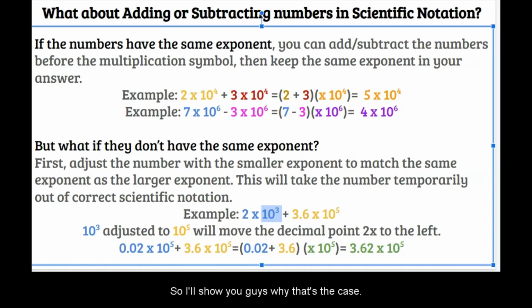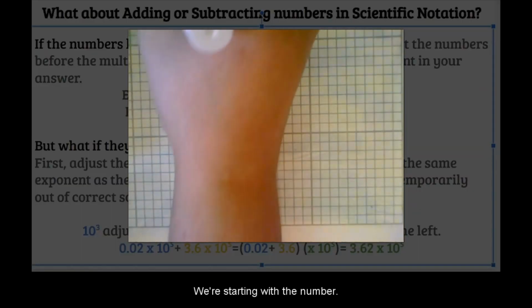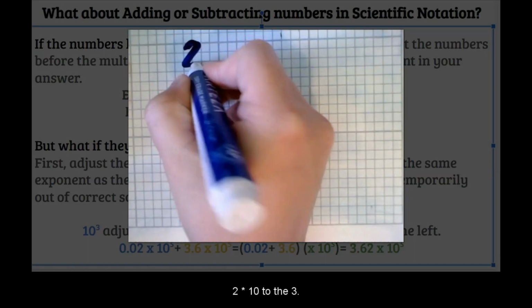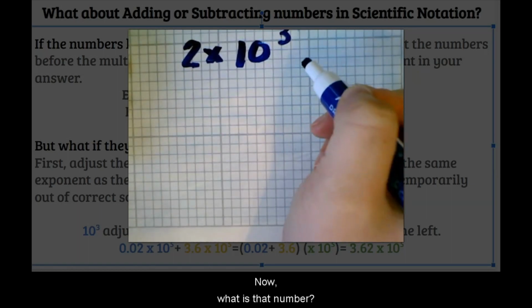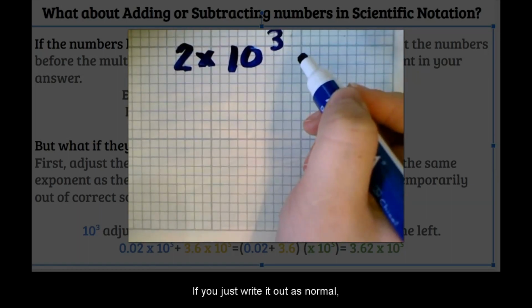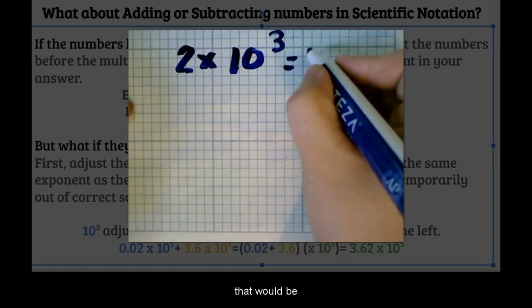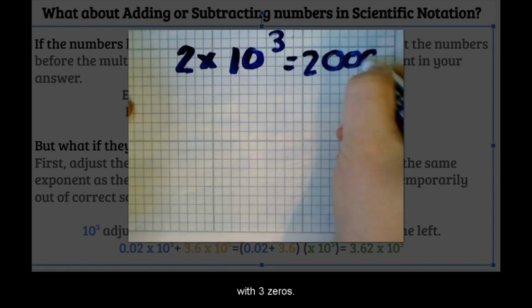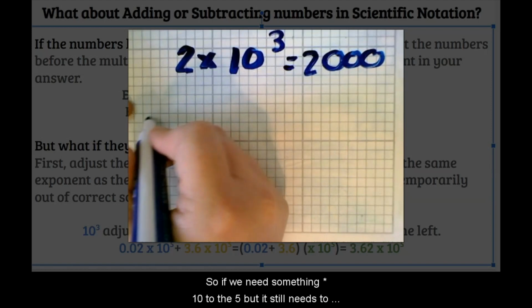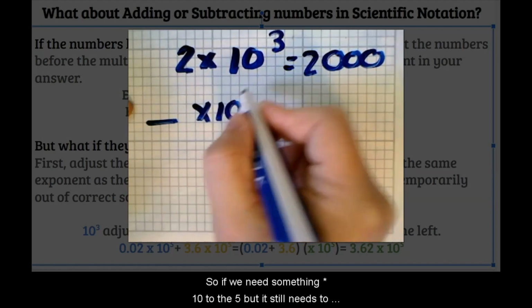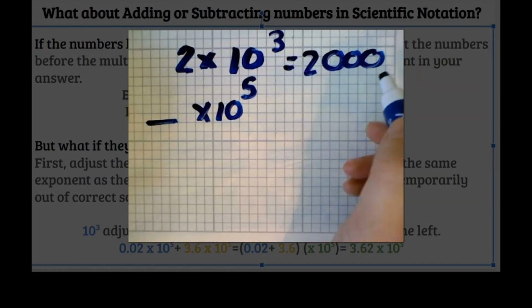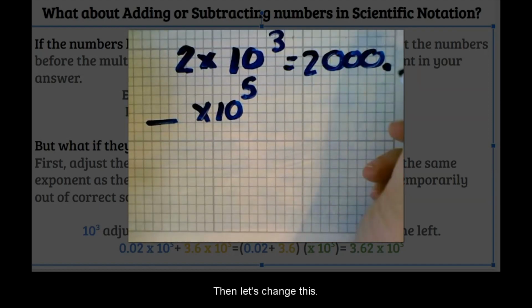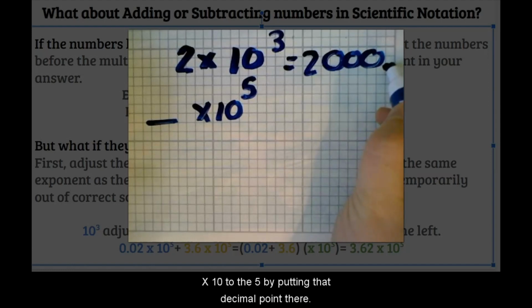So I'll show you guys why that's the case. We're starting with the number 2 times 10 to the 3. Now what is that number if you just write it out as normal? That would be a 2 with 3 zeros. So if we need something times 10 to the 5, but it still needs to be this number, then let's change this to times 10 to the 5 by putting that decimal point there and then moving it.